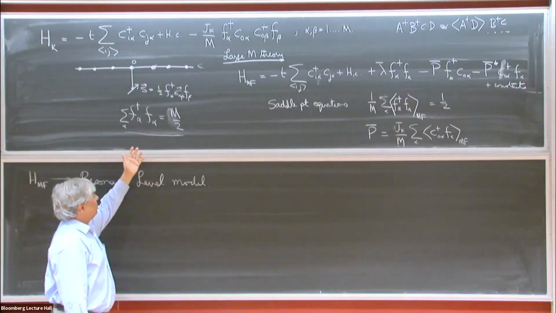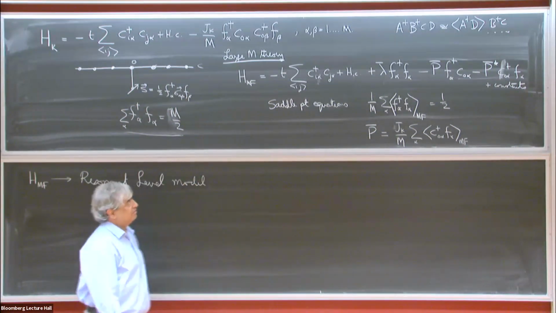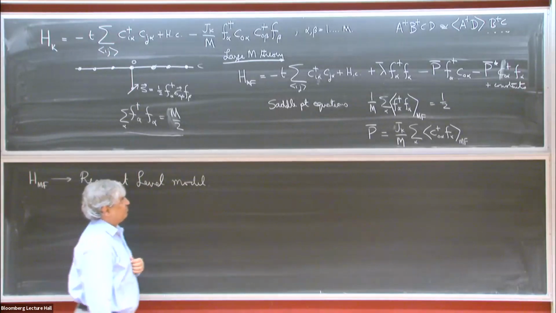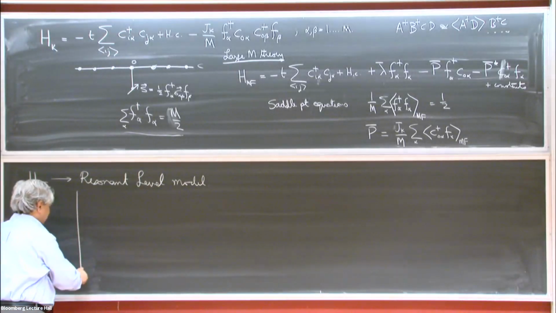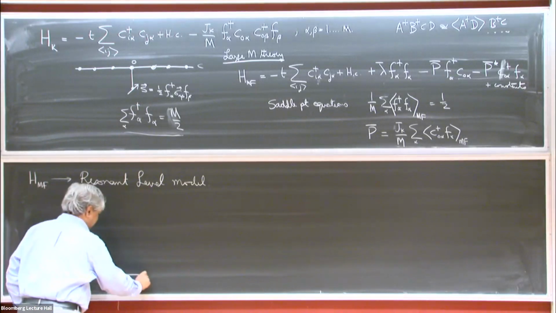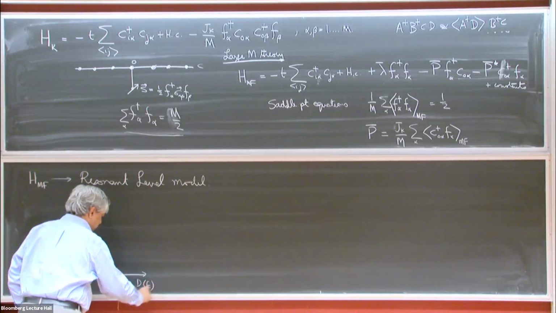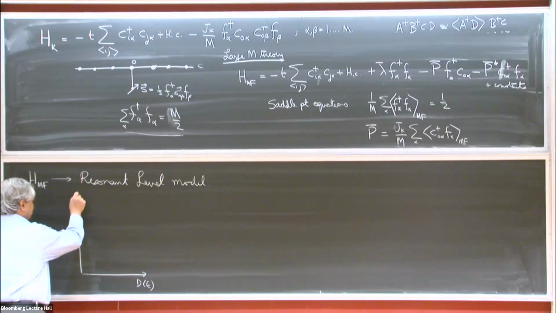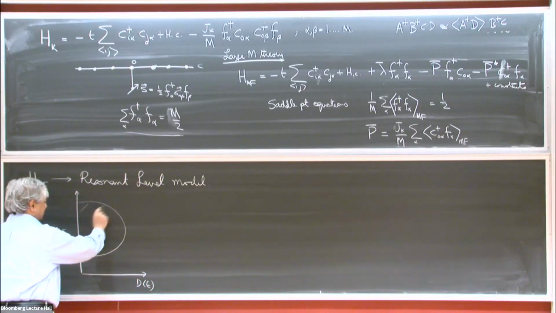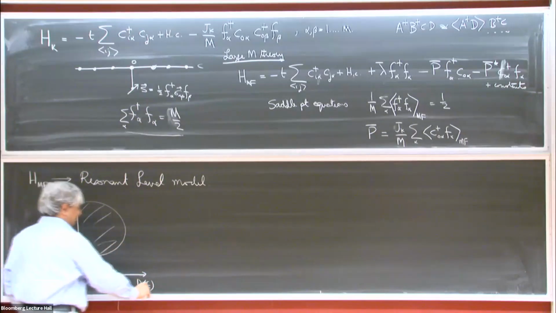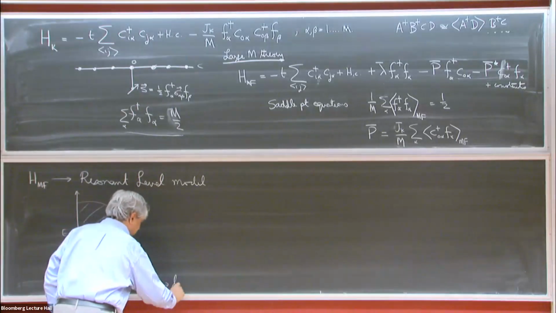The only thing the Kondo model will add is the self-consistency conditions. So in the resonant level model, if I plot the density of states of the conduction electrons, well, the conduction electron has some, I don't know, not semicircular, but some density of states. And here, D of E is the local density of states.